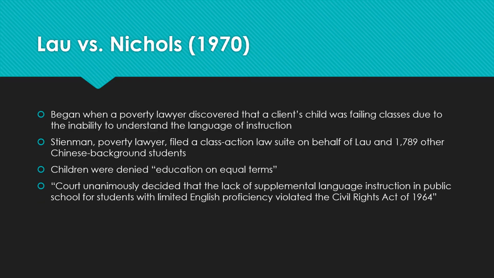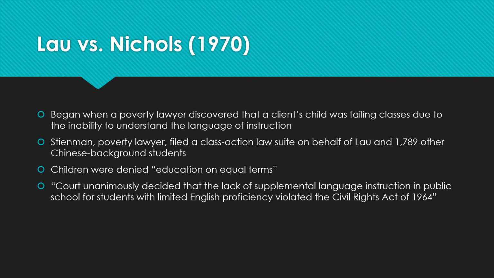Next, we have the Lau versus Nichols case in 1970. This began when a poverty lawyer discovered that a client's child was failing classes due to the inability to understand the language of instruction. Steinman, the poverty lawyer, filed a class action lawsuit on behalf of Lau and 1,789 other Chinese background students.